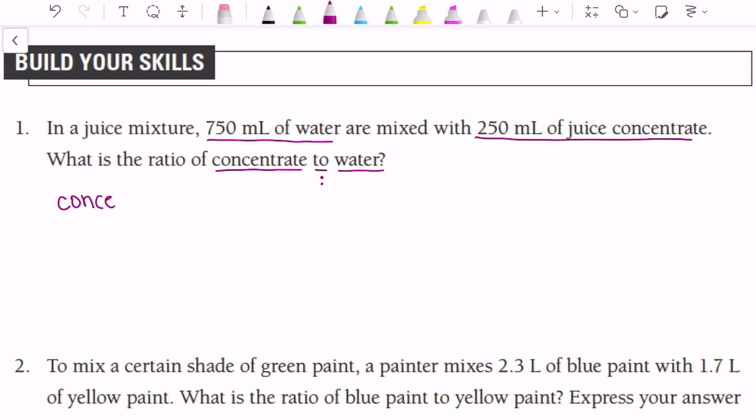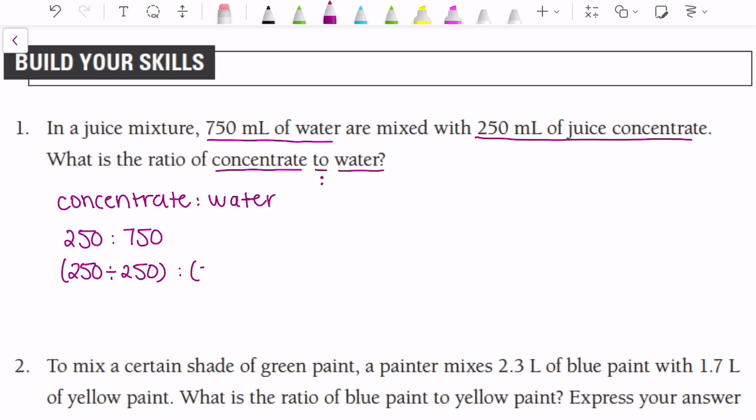I'm going to put concentrate to water, and we plug in those values. The concentrate was 250, and the water was 750. Their highest common factor is going to be 250, because 250 times 3 gives us 750. So we're going to start by dividing both sides by 250 to get the lowest possible ratio here.